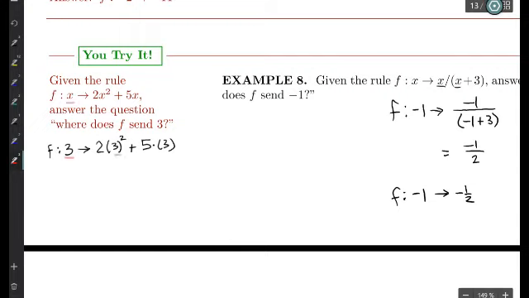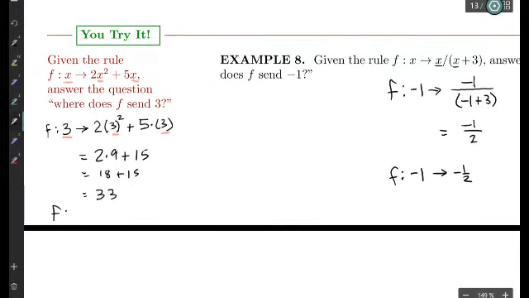Whatever number's here goes here and here. We have 3 here, so 3 goes here and here. And then that is 2 times 9 plus 15. 18 plus 15, which is 33. So f takes 3 and maps it to 33.